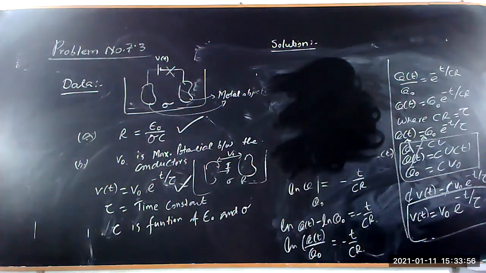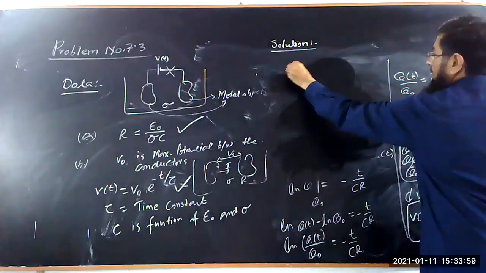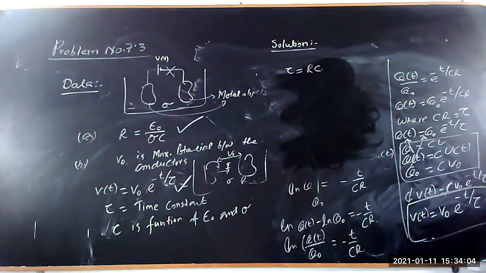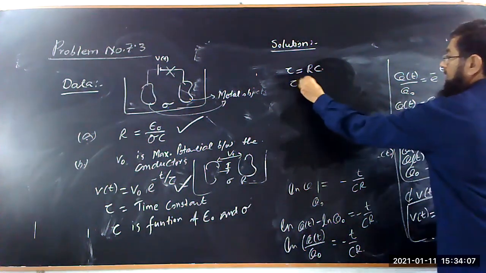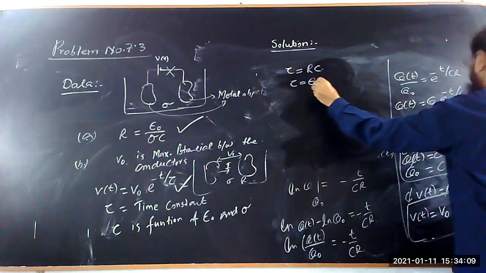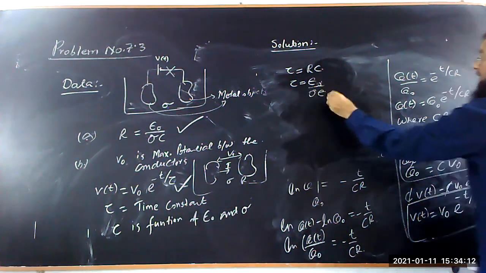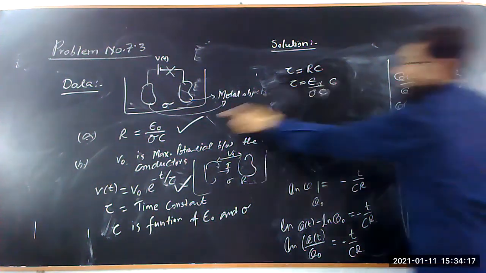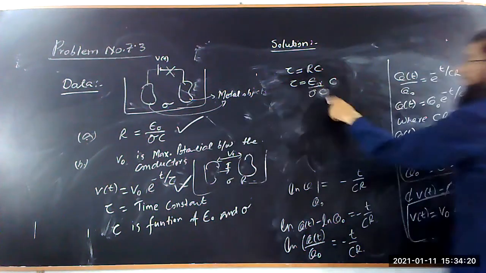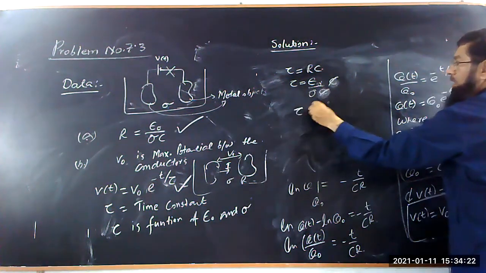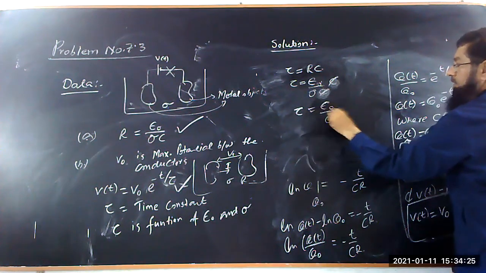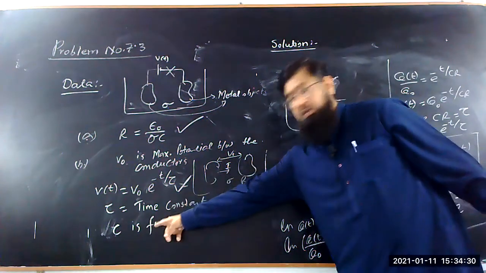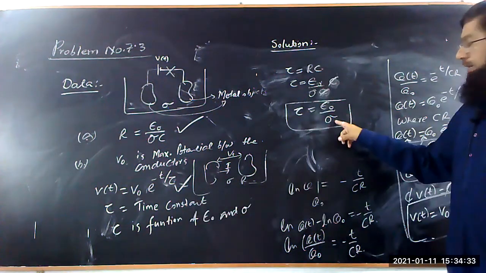This tau is equal to RC, and here R is equal to epsilon naught upon sigma C into this C. This R is equal to epsilon naught upon sigma C, the C cancels. So tau is equal to epsilon naught upon sigma. So this is the relation where tau, the time constant, is a function of epsilon naught and sigma.